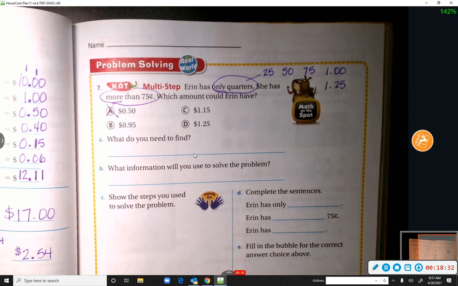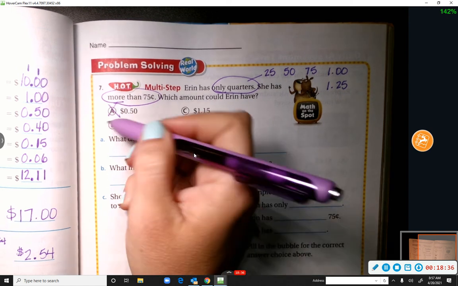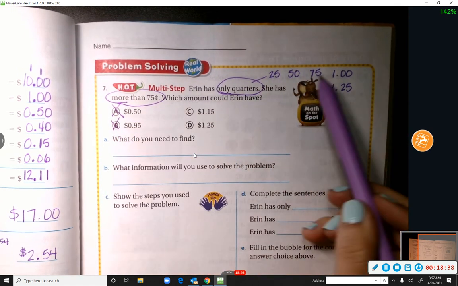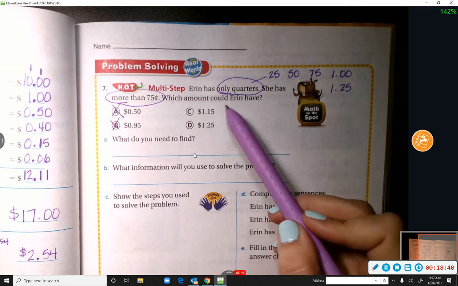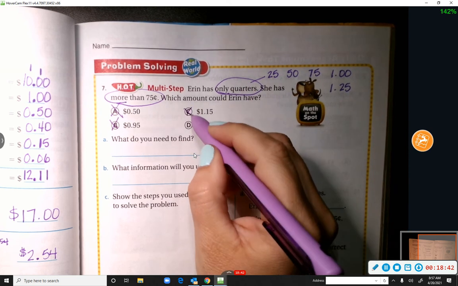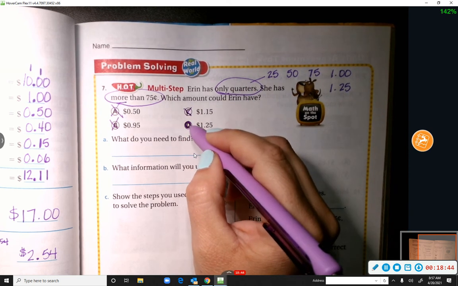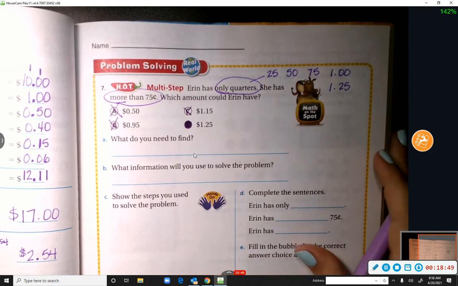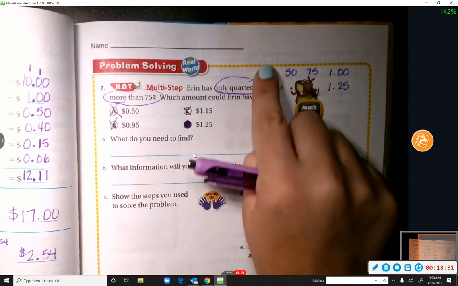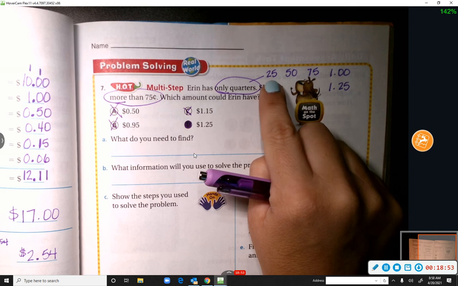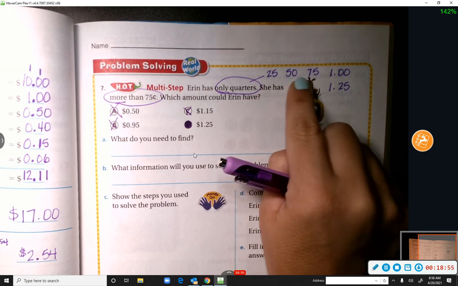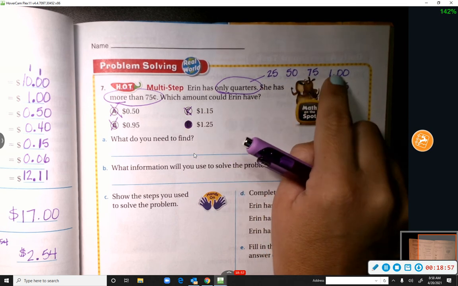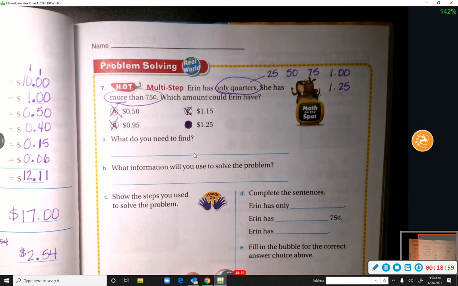Okay, so now do we see an answer? Yes. 95 is more than 75, but not counting by quarters. Same thing for C, so D was the answer. Okay, this is important to know, guys. Get counting by quarters. 2 quarters is 50 cents, 3 is 75 cents, 4 is $1.